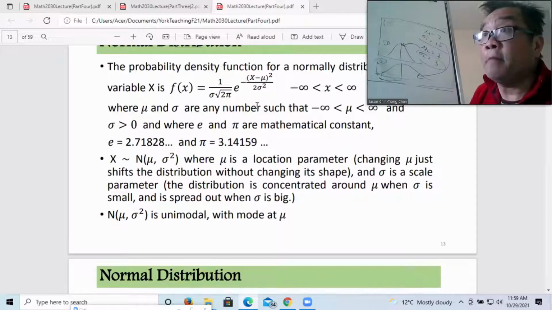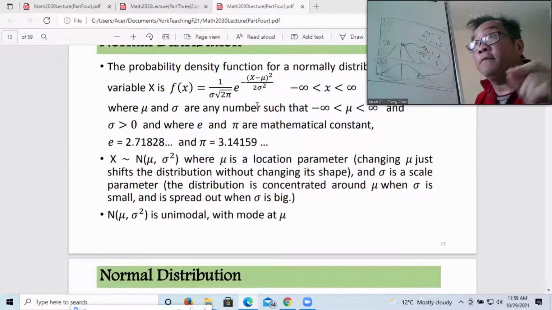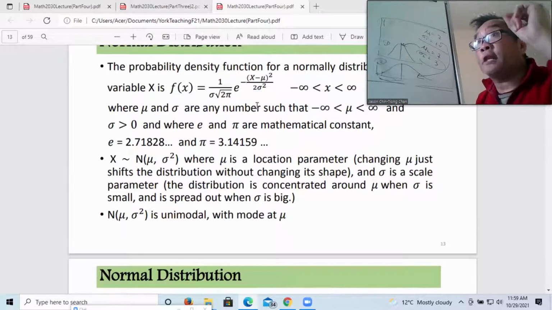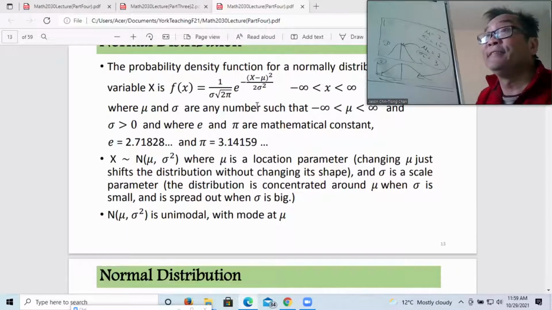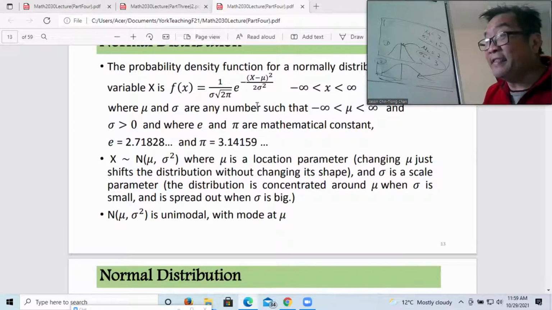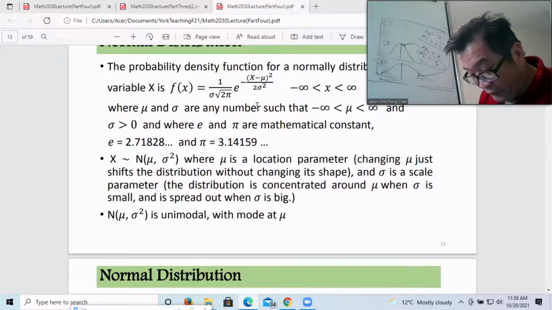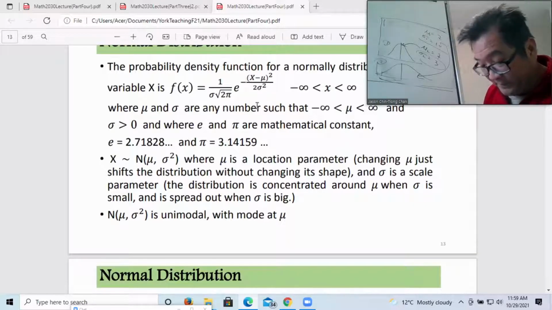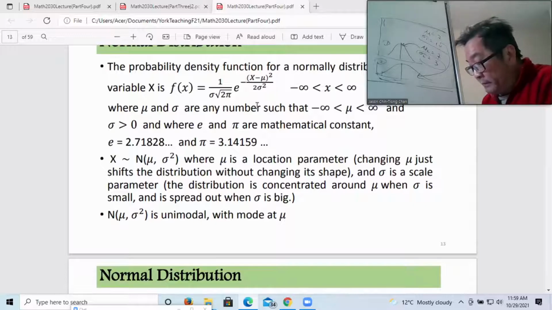But for all the functions, if you calculate the probability, at the end you need the integration, which is not easy. I can show you.